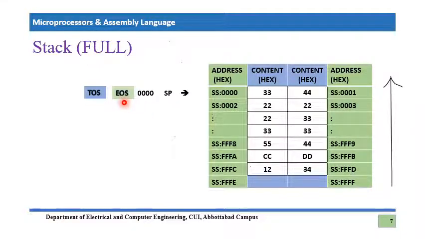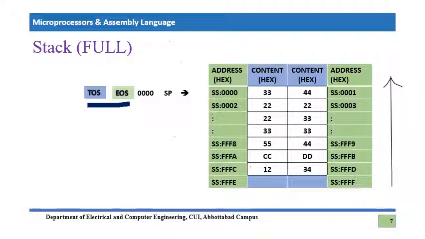Here we come to an understanding: since the stack is full, what will be the top of the stack? It will also be the end of stack, because let me use the pointer. Yeah, we can see the top of stack and end of stack are the same value, because the stack is full and the top of stack points to the last point which can be used.